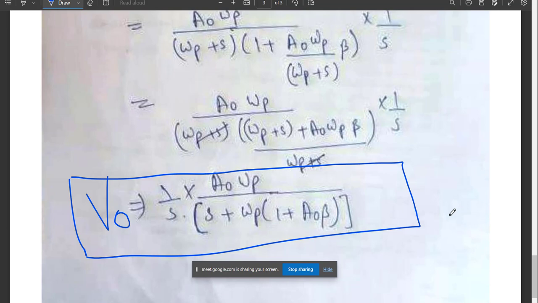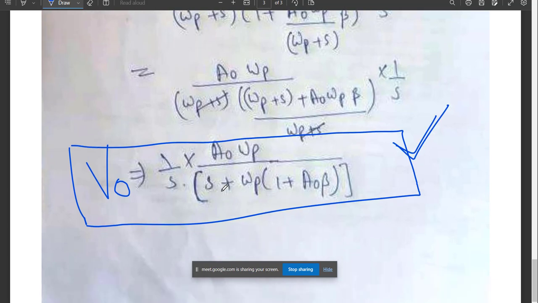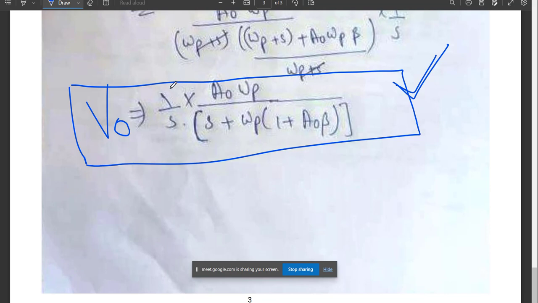Now this value of output voltage that we got is in the frequency domain. To convert this frequency domain equation into a time domain equation, we will do the inverse Laplace transform.